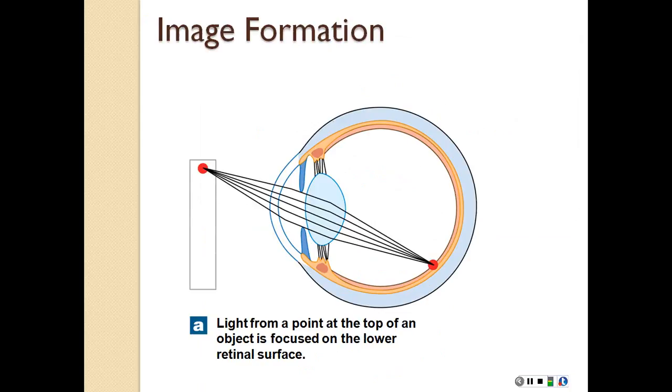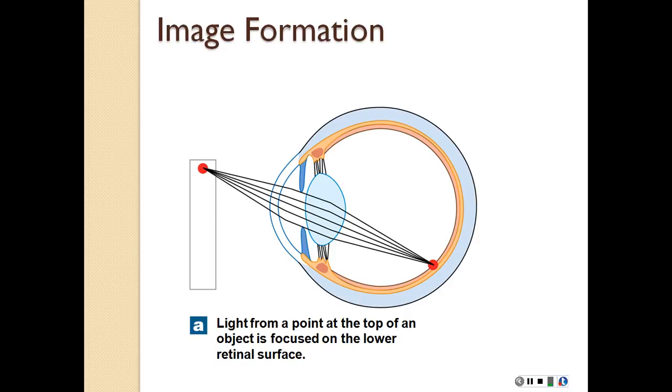Another point is, and it should be obvious to you, if you're looking straight ahead at someone, you can see the ceiling, right? While you're looking straight ahead. So the reason you can actually see the light from the ceiling is because the light is hitting some part of your retina. But what part of the retina is the light from the ceiling hitting? That's going to be the lower part of your retina.